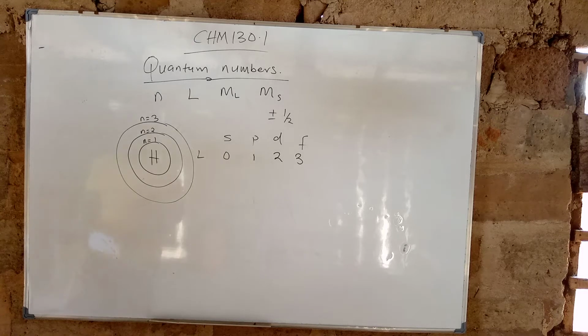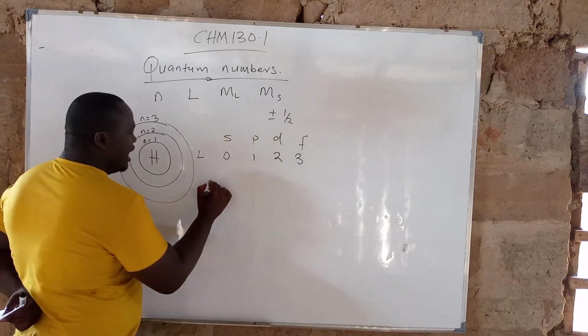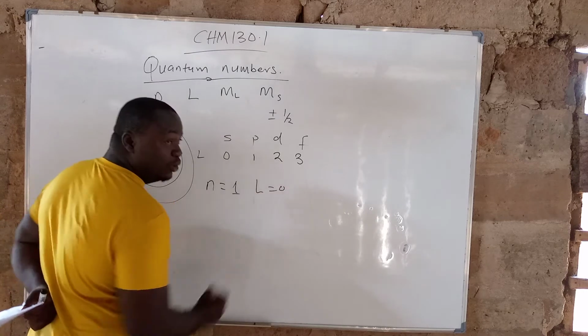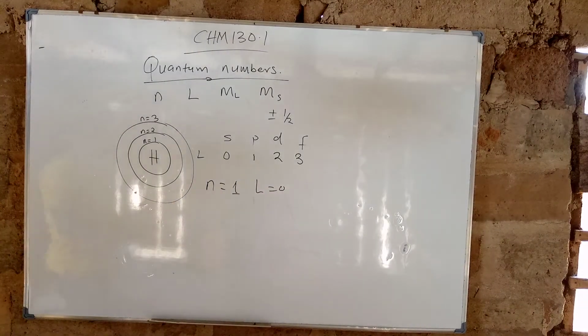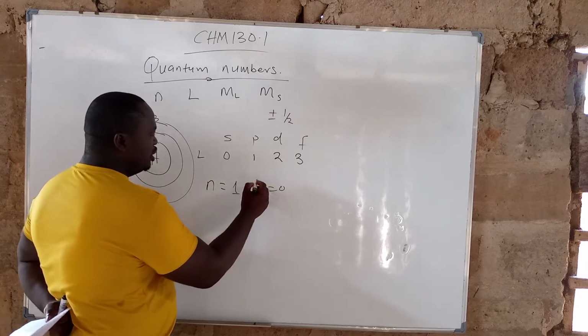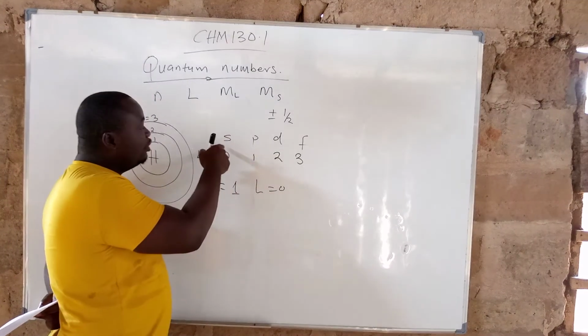I want you to note something very important. Whenever n is equal to 1, the L value must be 0. Note it very well. And remember, whenever the shell is 1, the L value is 0, which means you are in the S orbital.